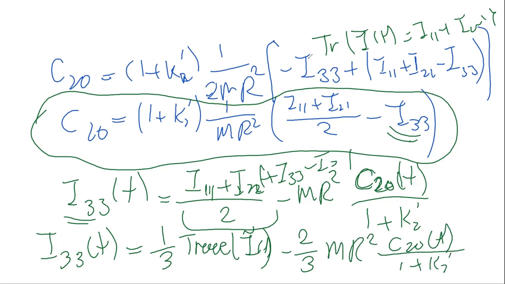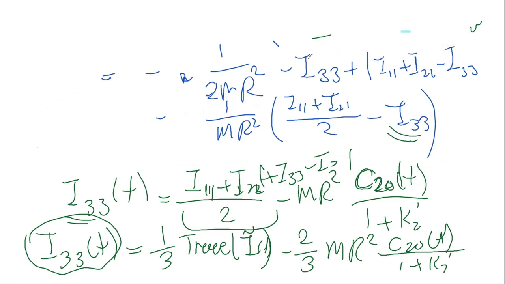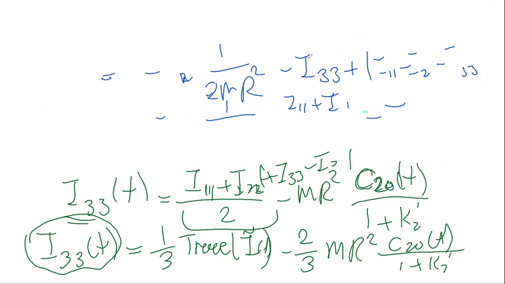So C3 is the moment of inertia. And if you remember from the beginning of this discussion, I wrote that the tensor of inertia is composed of two tensors.